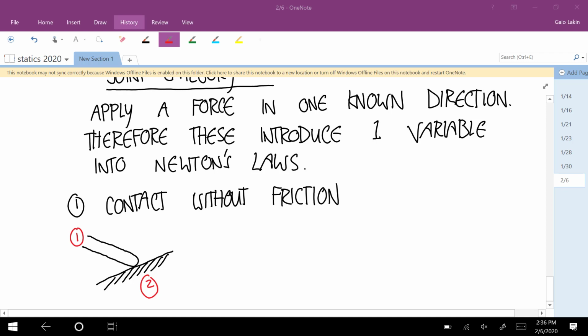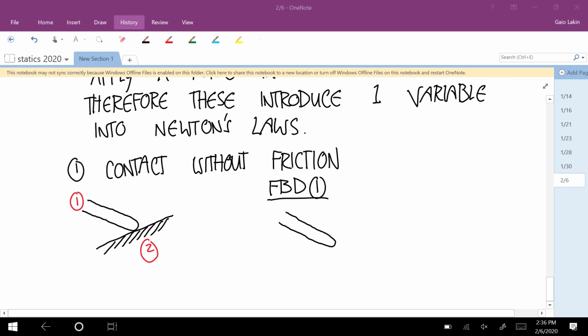A free body diagram of body 1 would have a force perpendicular to that surface.